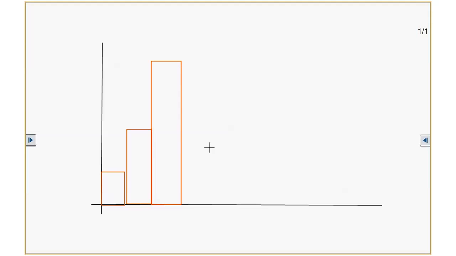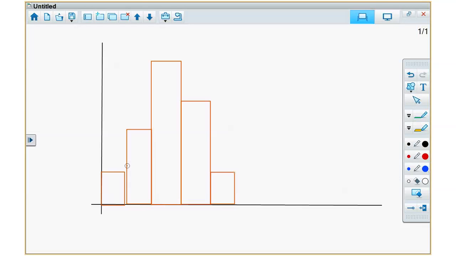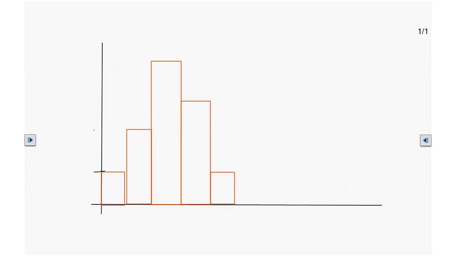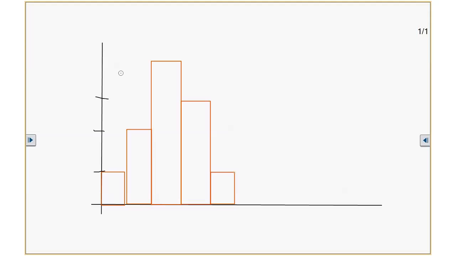And then let's put one at 6. Let's put one at 2 again. And of course, this is 2. This is 4. This is 6. And this is 8.